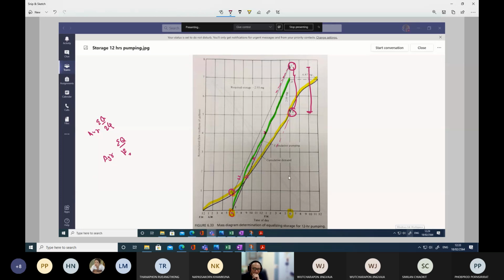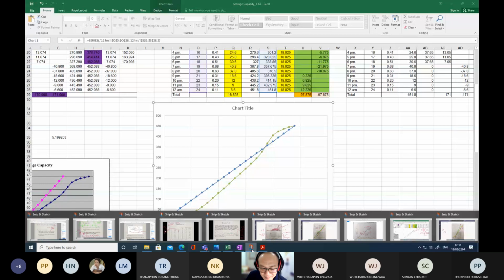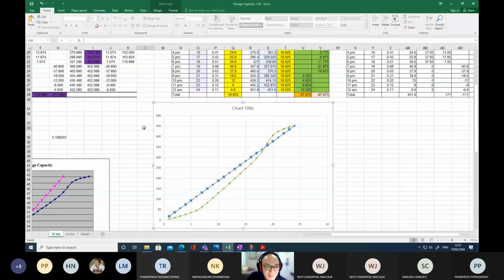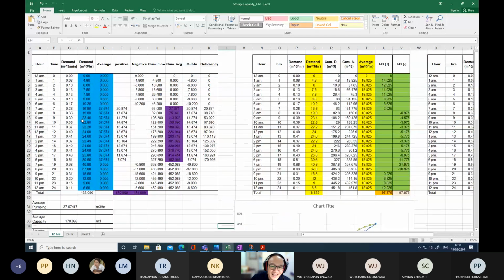Okay, so how can we determine this for the analytical method? For the analytical method, it's simple, but just a moment, my Excel file is not responding. Okay. Here is the same information, starting from 0 hours and then the demand.